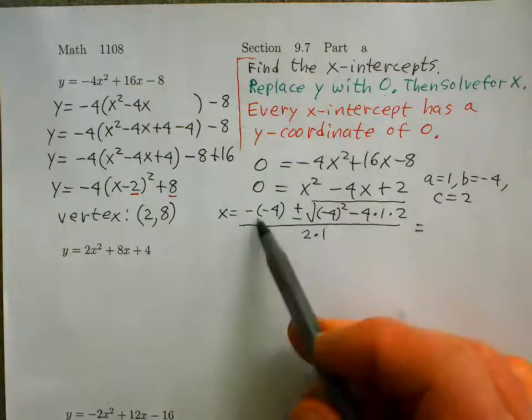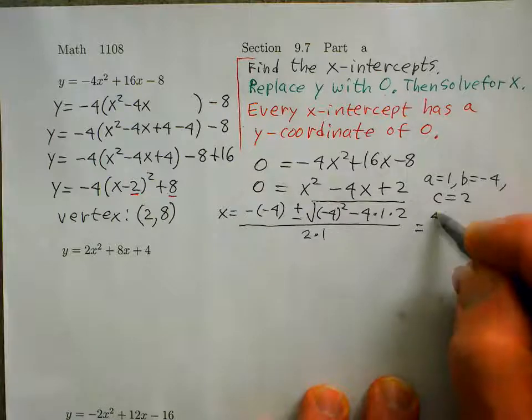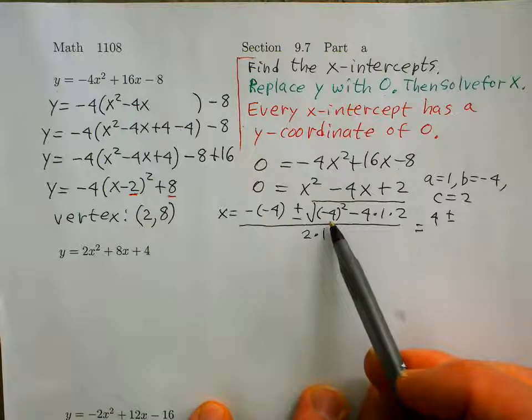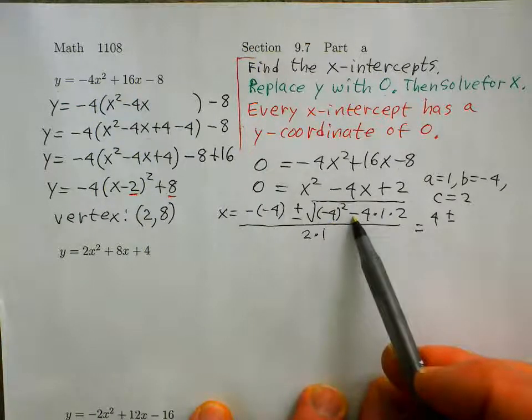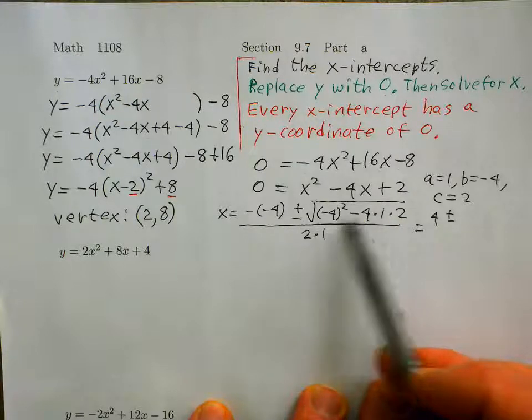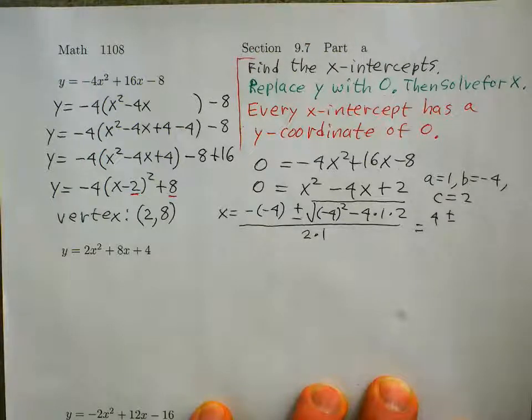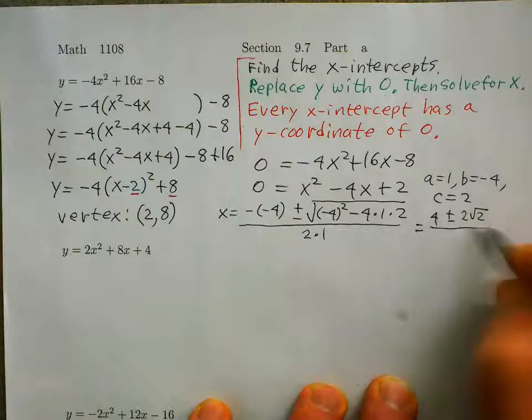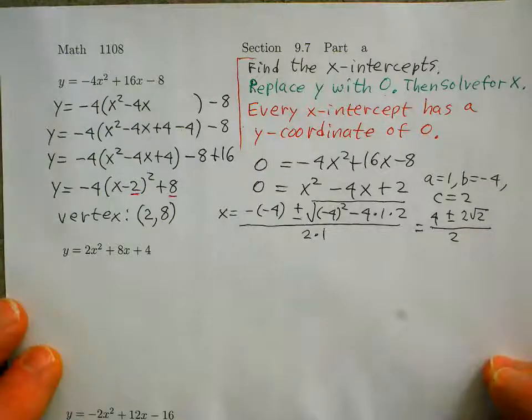So the negative of negative 4 is 4, and then plus and minus. Inside the square root, negative 4 squared is 16, minus 8 is 8. The square root of 8 is the square root of 4 times the square root of 2. The square root of 4 is 2, so we have 4 plus and minus 2 times the square root of 2, divided by 2.